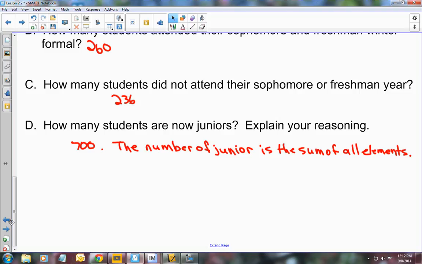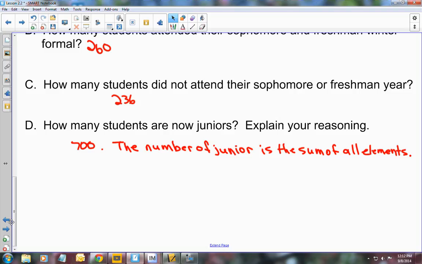That's a conjunction. And the symbol for that is like the beginning of an A, like an arrow. And when is it true? If they're both true. And then a disjunction is two statements formed with the word or, and the symbol for that is the V. And when is it true? At least one is true. When's it false? When they're both false. That's the only time it's false.